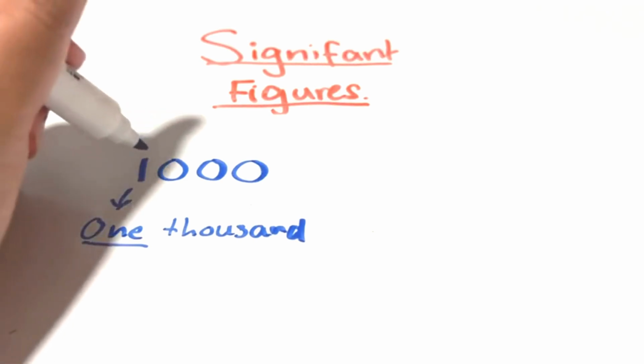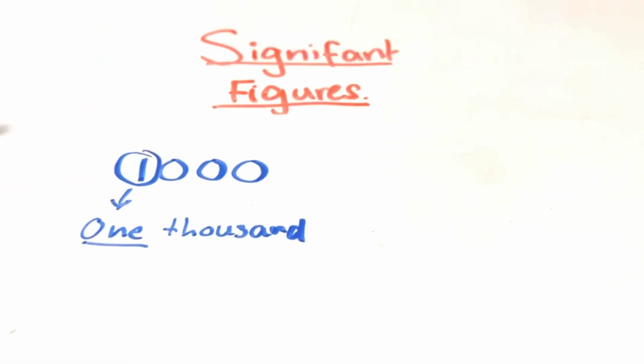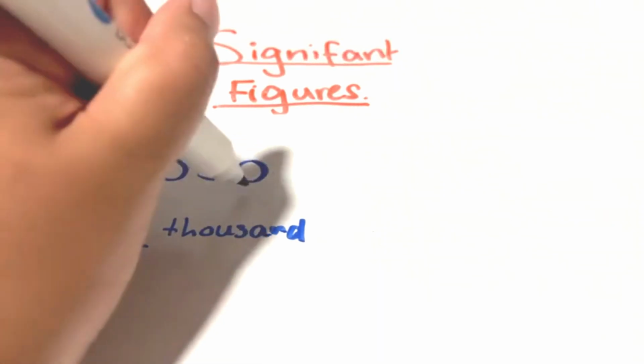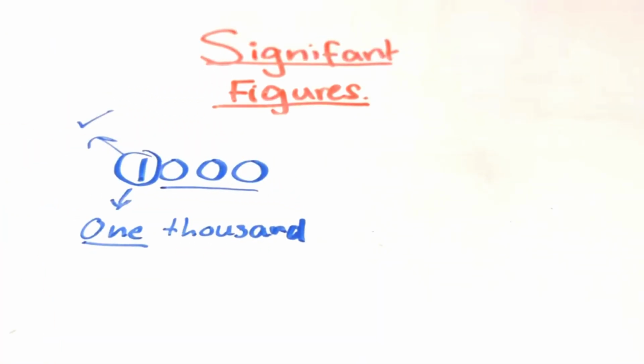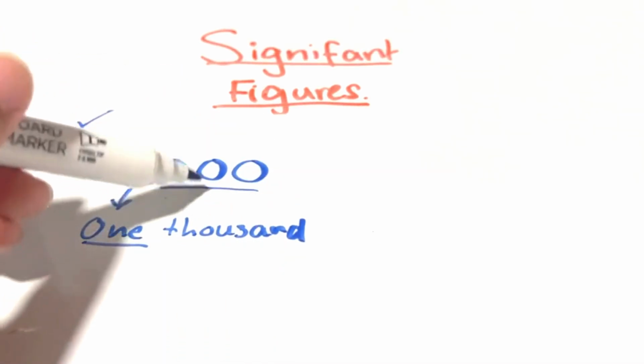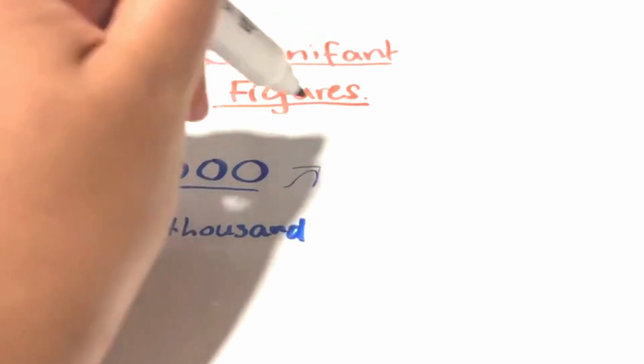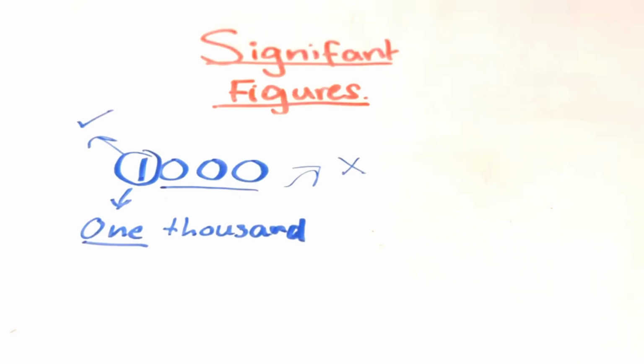So over here, this one is significant. However, these zeros after it just show us the place value, not necessarily what the number really is. So these zeros are, you guessed it, not significant.